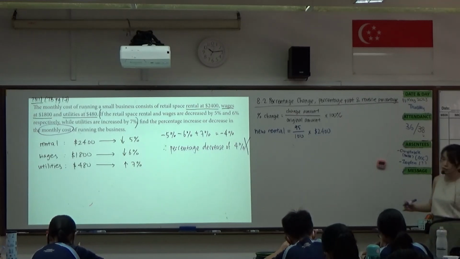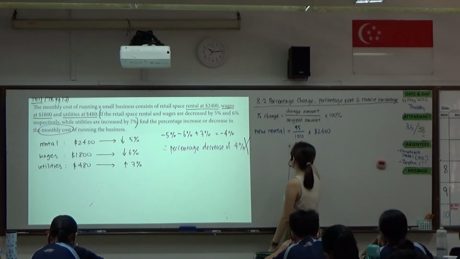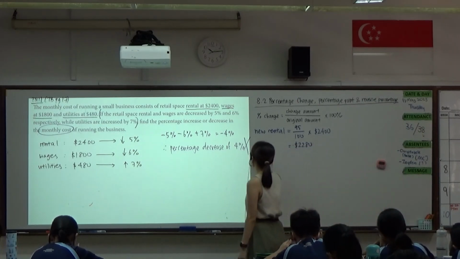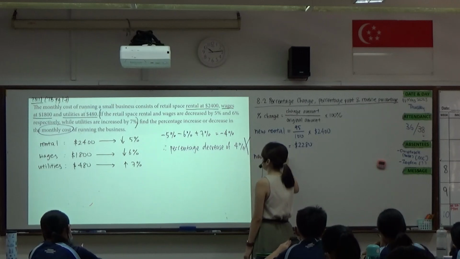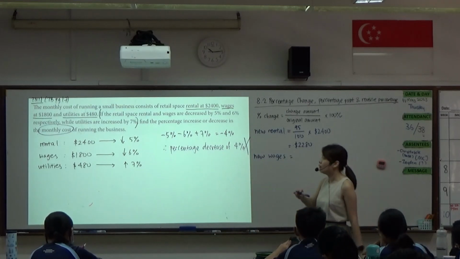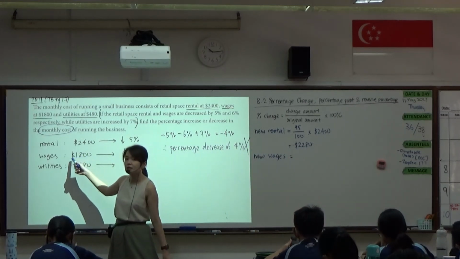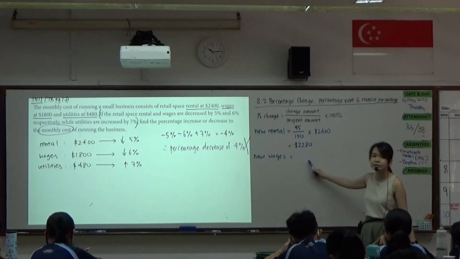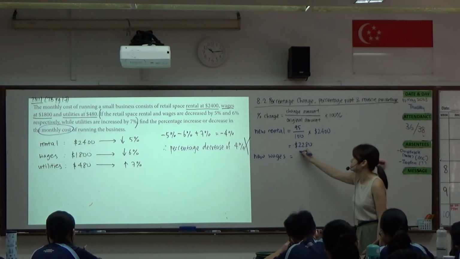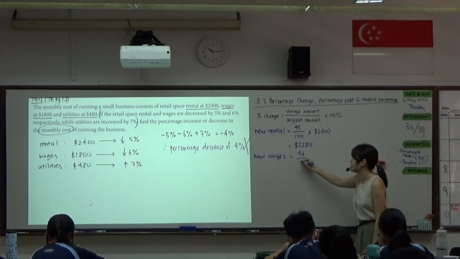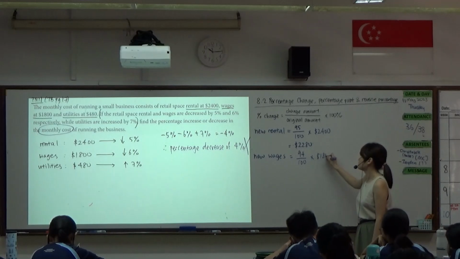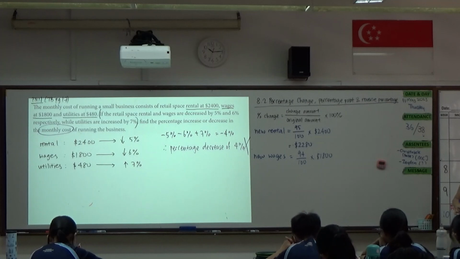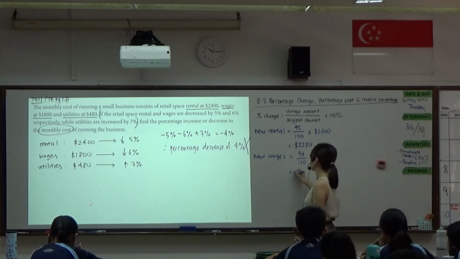And we see that the value is 2280. And we find out what is the new wages. Originally it's 100%, decreased by 6. That means that we are looking at how many percent? 94, right? So that will actually give us $1,692.